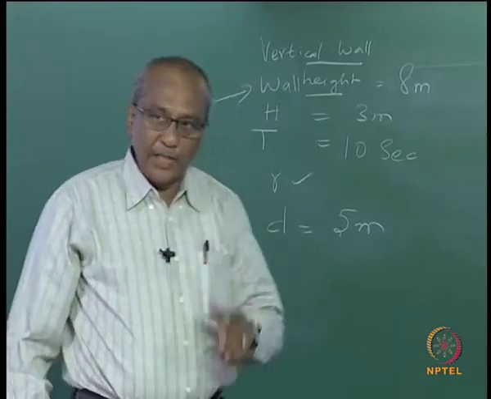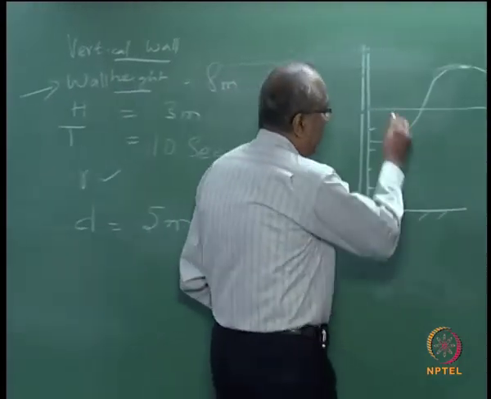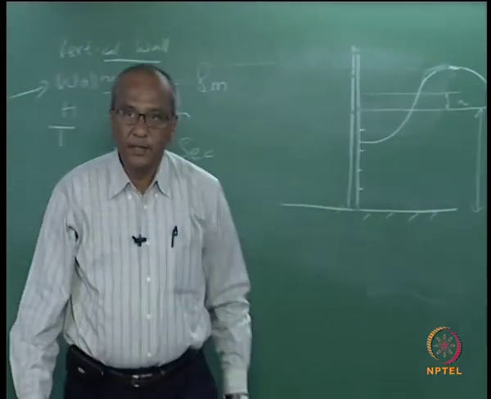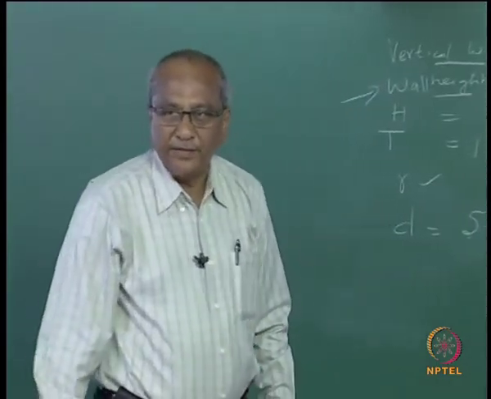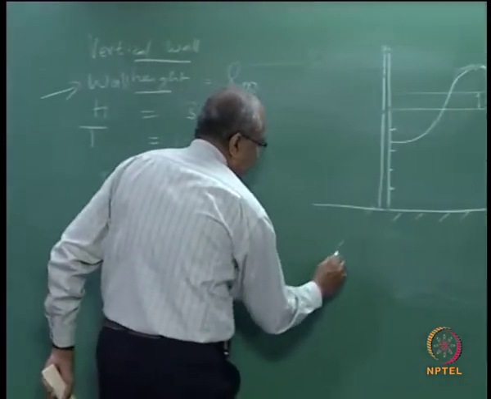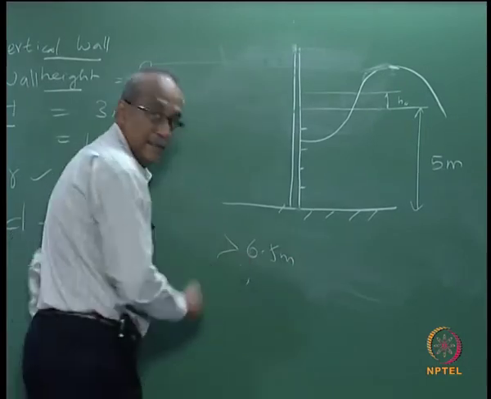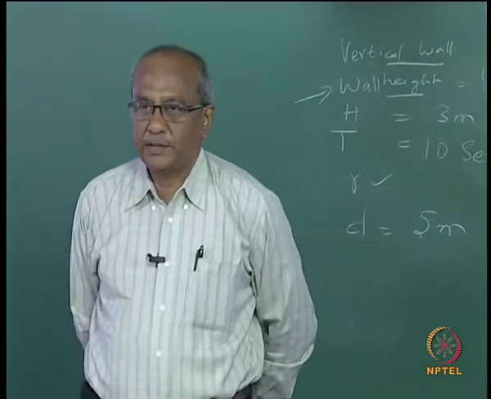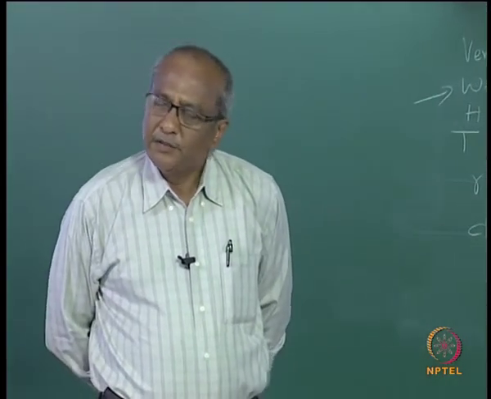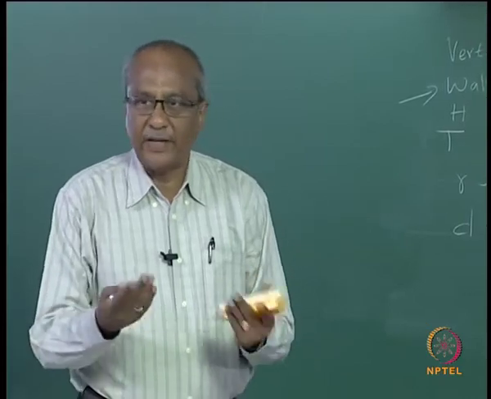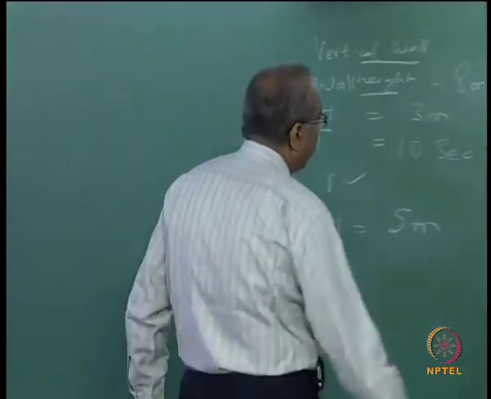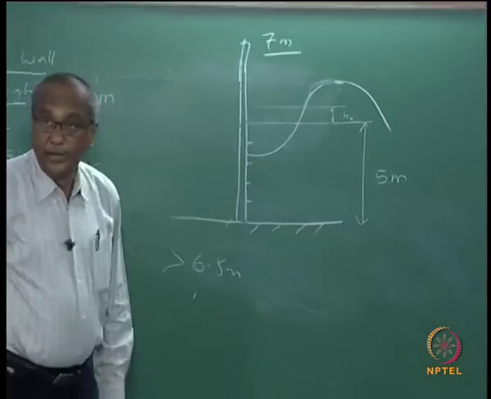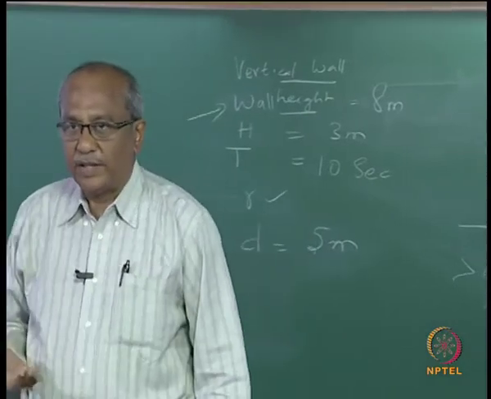But then, when this wall is there, you have to calculate this also. So maybe we can treat 0.5 meters as a buffer, so maybe we can have this at 7 meters. We do not know, after the calculations only you will get.